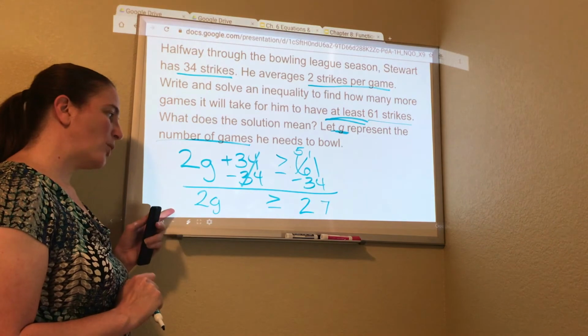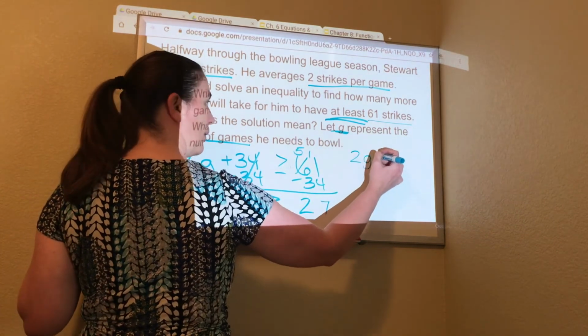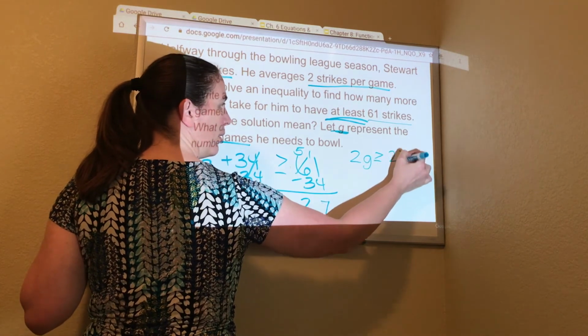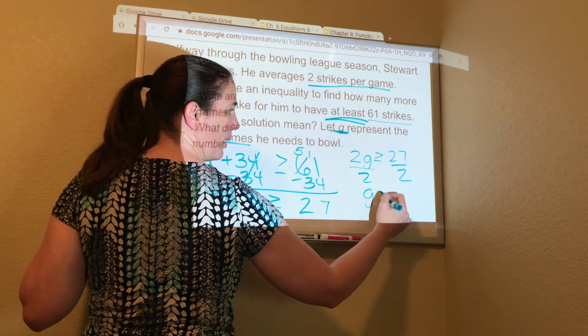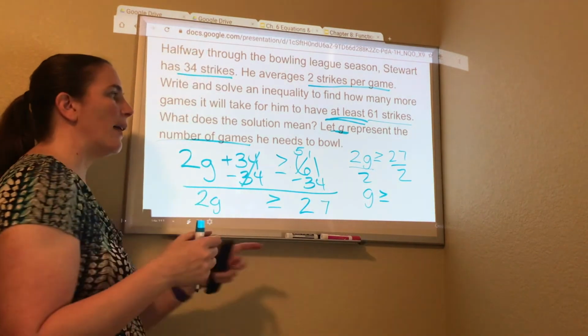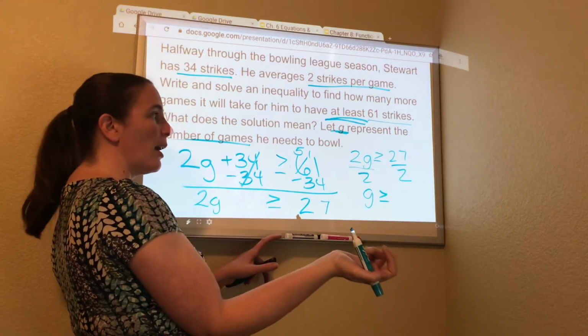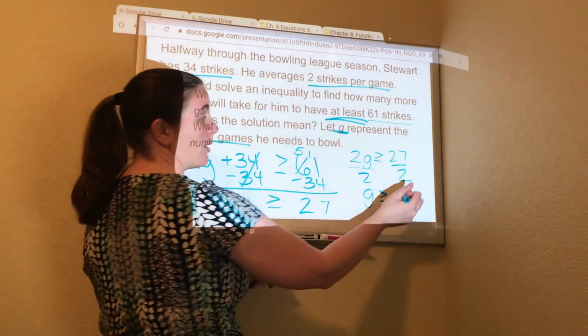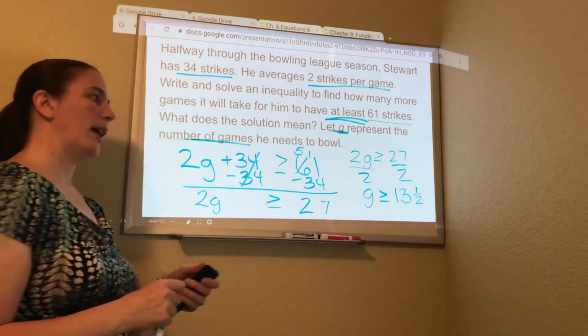Now I have to divide 27 in half. So I'm going to go ahead and rewrite my inequality here. I divide by 2 on both sides. So I get G is greater than or equal to 27 divided by 2. Well, what's 26 divided by 2? That's 13, right? So it's going to be 13 and a half.